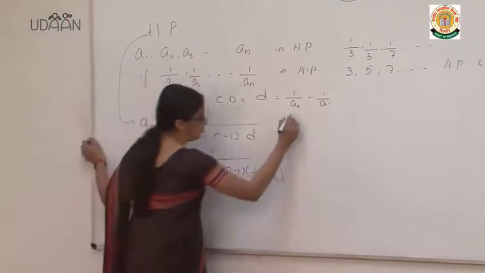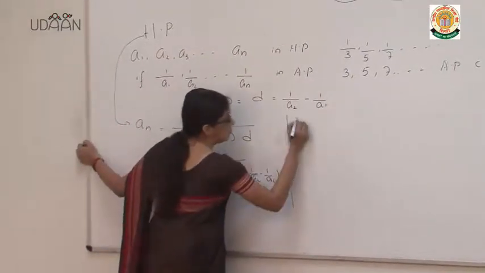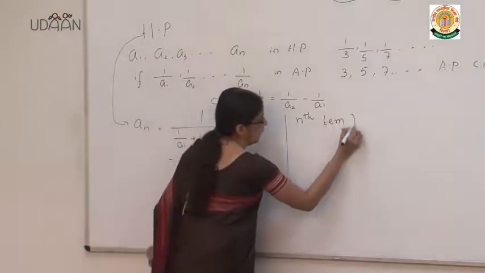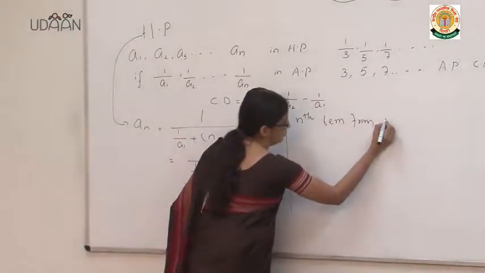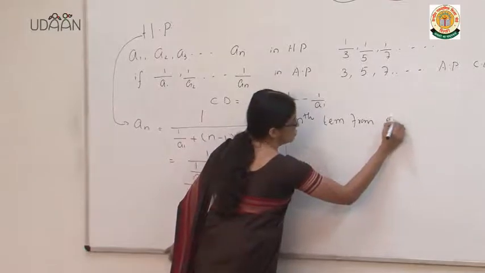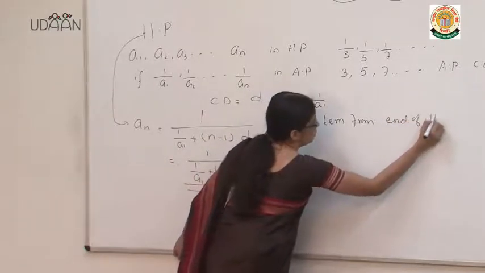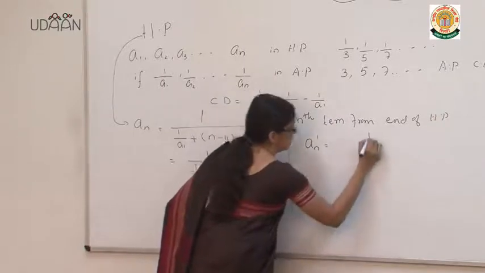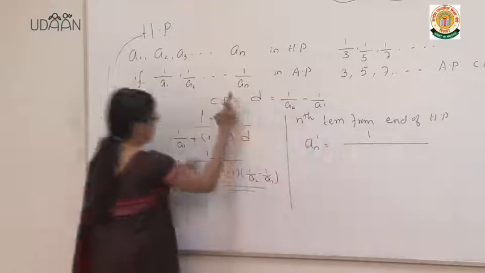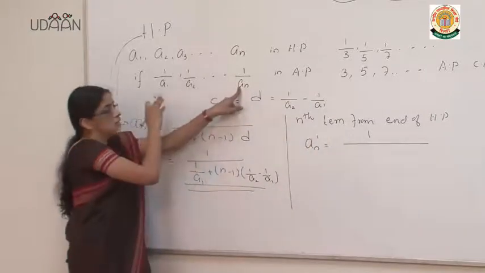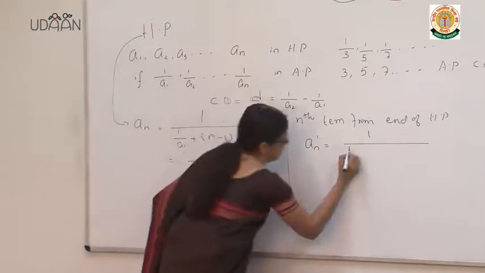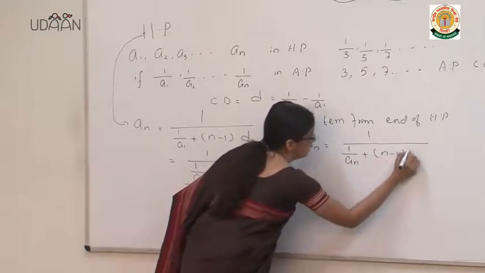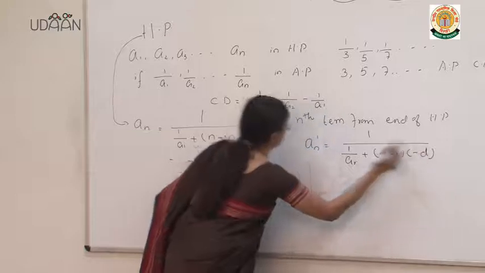Suppose we want to find the nth term from the end of this harmonic progression. Let's denote it by An dash. It's equal to the nth term from end, and it's given by 1 by [1 by An plus (n minus 1) into (minus D)].